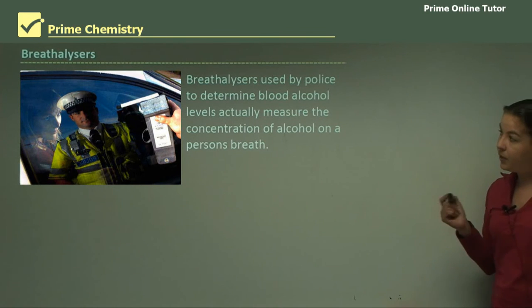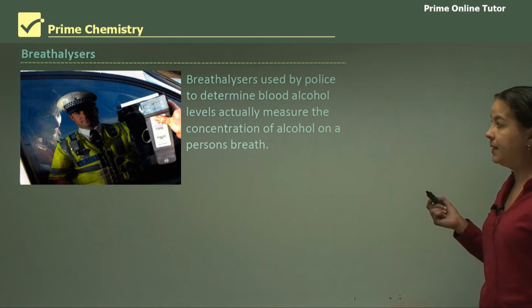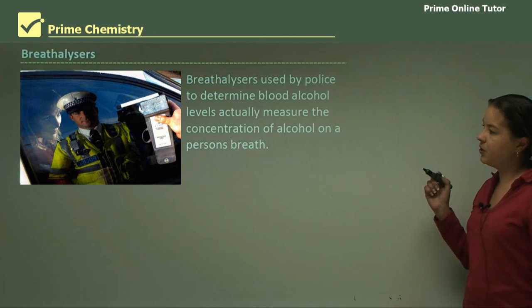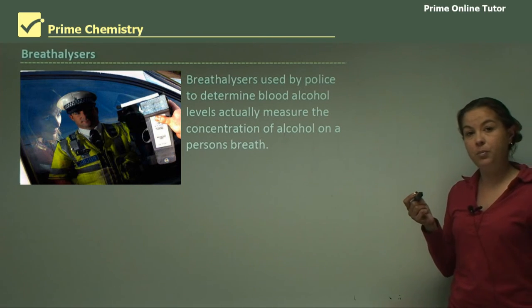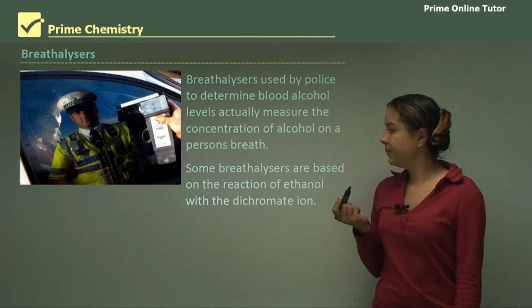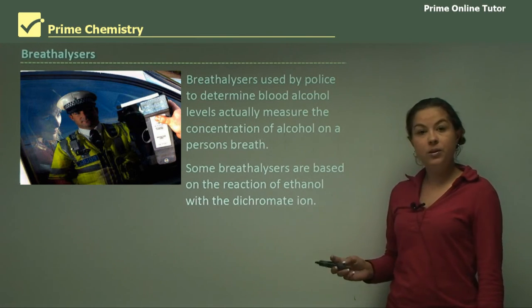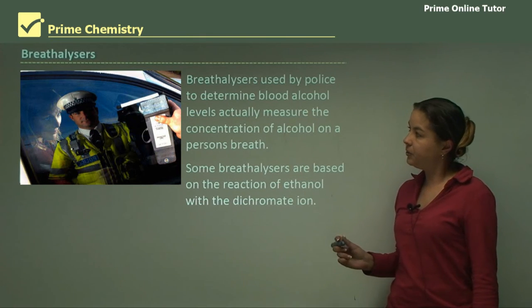Now, finally, breathalysers. They're used by police to determine blood alcohol levels, and they measure the concentration of alcohol on a person's breath. Some breathalysers are based on the reaction of ethanol with the dichromate ion, which I showed you just before.